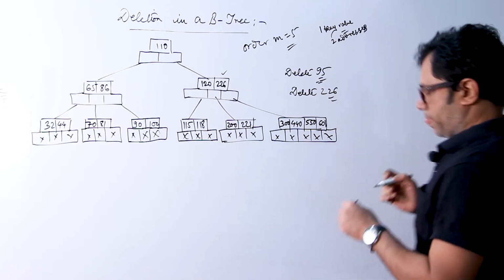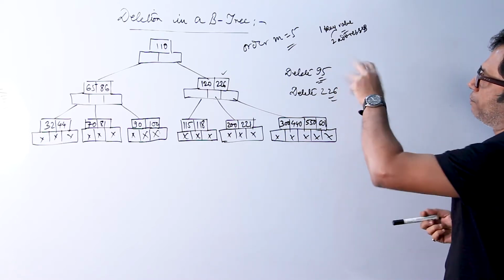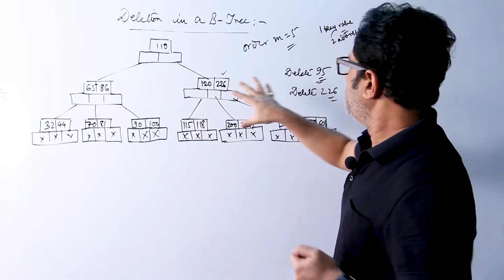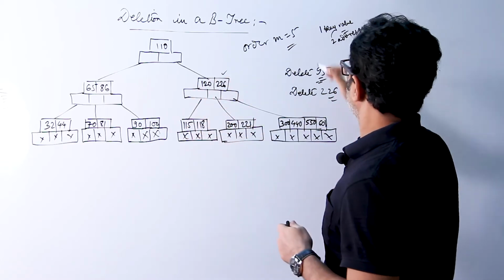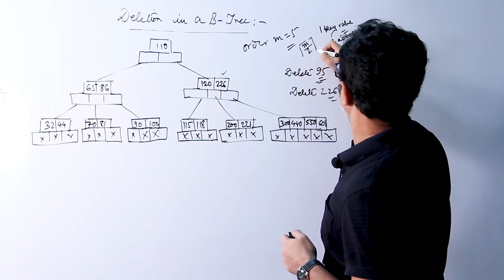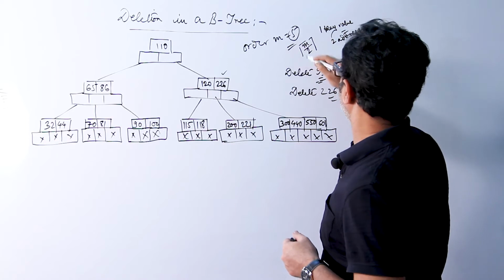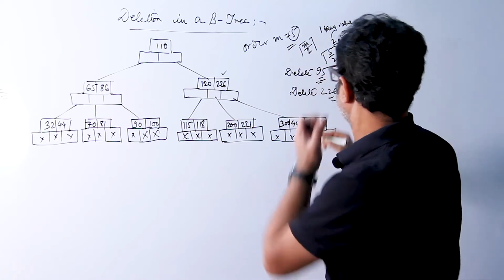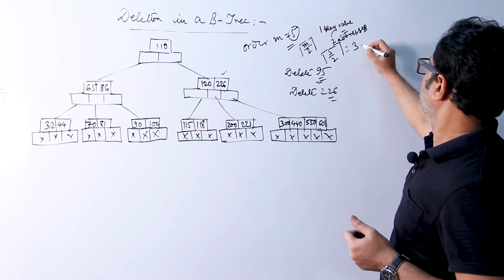And we know that for a B tree of order m, for any internal node, the number of child nodes should be at least the ceiling of m by 2. That is, for m is equal to 5, we have ceiling of 5 by 2, which is nothing but 3.